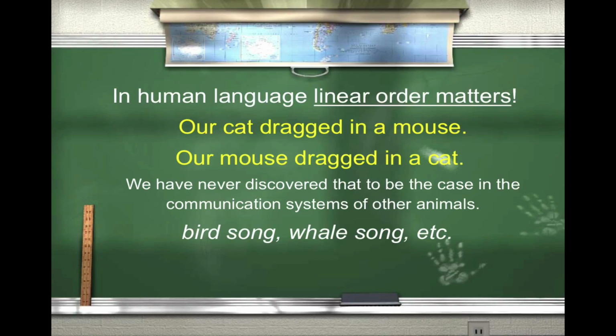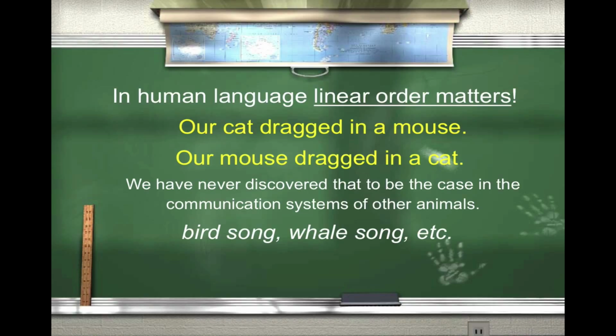We have never discovered that to be the case in the communication systems of any of the other animals on this planet. So what that means is that the linear order that is crucially important in human language is not a factor in other communication systems out there in the animal kingdom. You realize we're considered one of the animals.